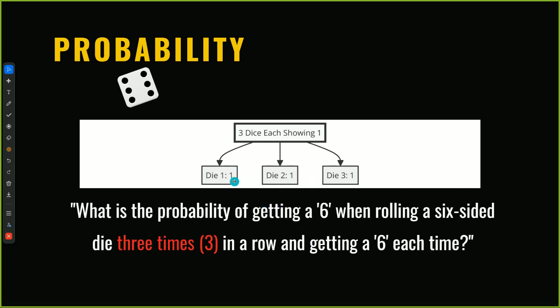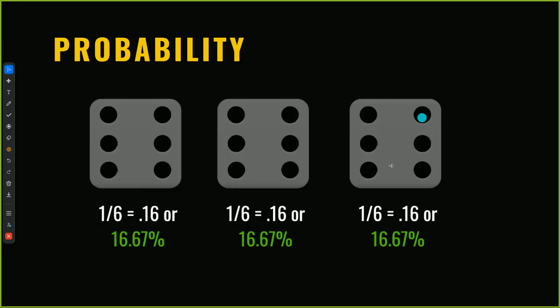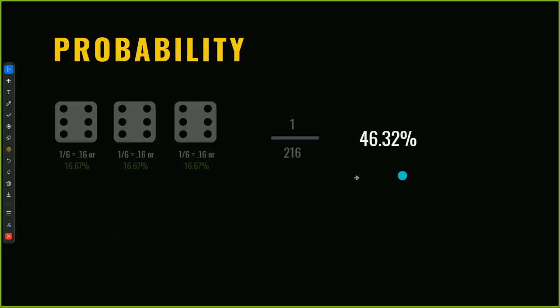Well, it would be 1 out of 6, 1 out of 6, and 1 out of 6. Each time I roll that die, I have a 1 out of 6 chance. Well, when I multiply that, I essentially get 1 out of 216.